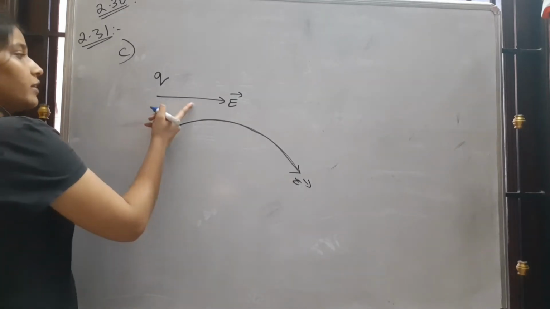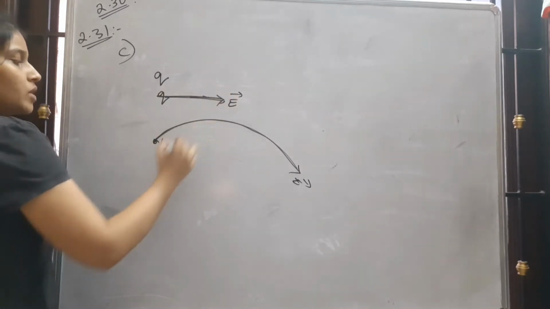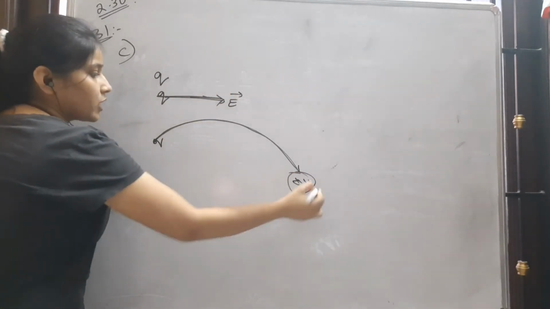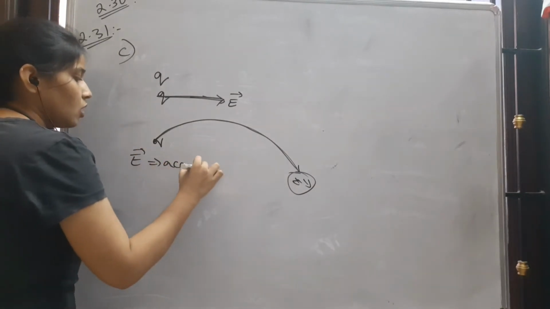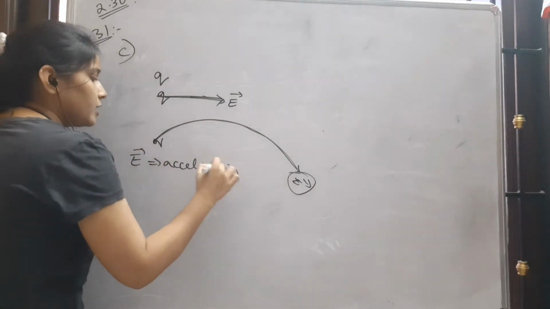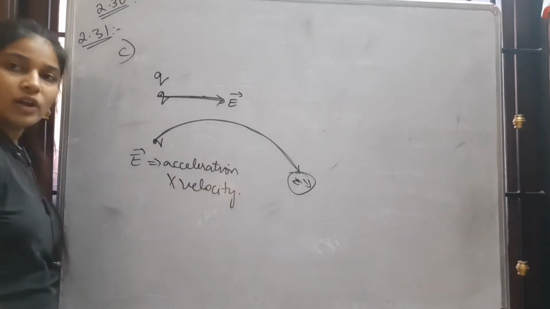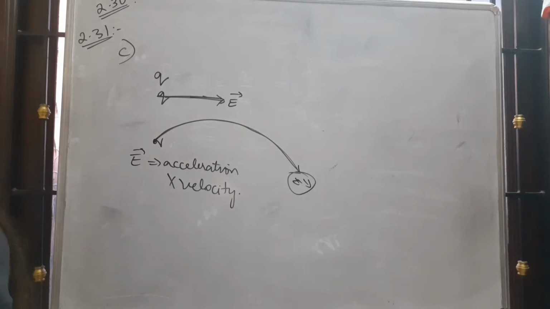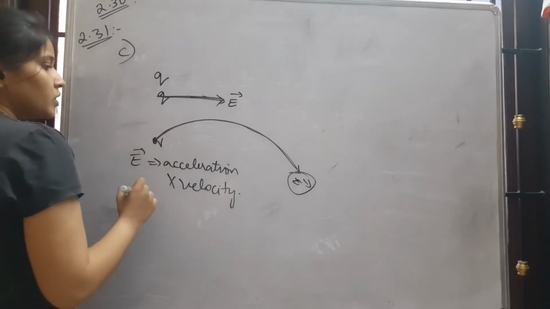Only if the electric field line is a straight line will the charge move along this line. The electric field gives the direction of the acceleration of the particle and not the velocity. It gives only the direction of the acceleration, so the direction of the velocity will be something else.